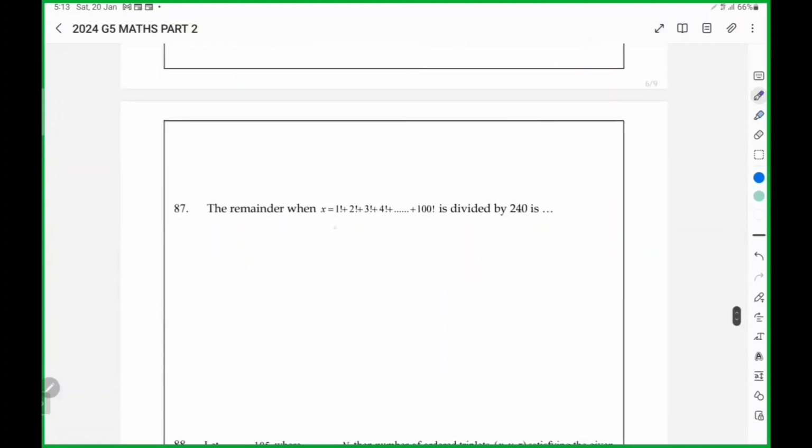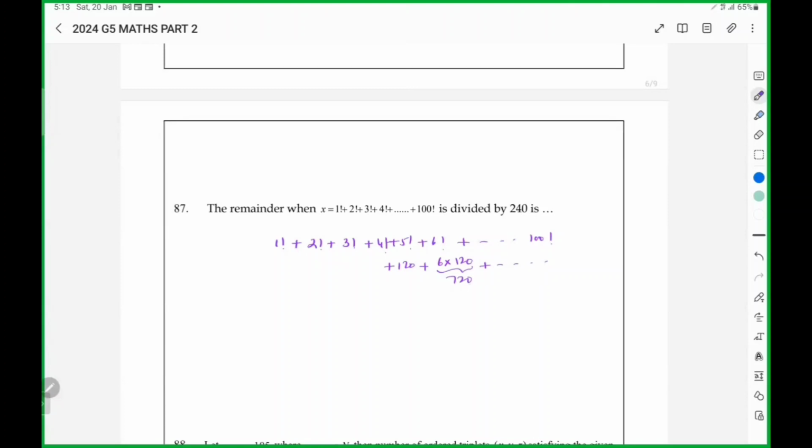Here 1 factorial, 2 factorial, 3 factorial, 4 factorial, 5 factorial, 6 factorial. There are many. Here 5 factorial is 120. 6 factorial is 6 into 5 factorial, 720. Remaining all are multiples of 720, which is 240 into 3.